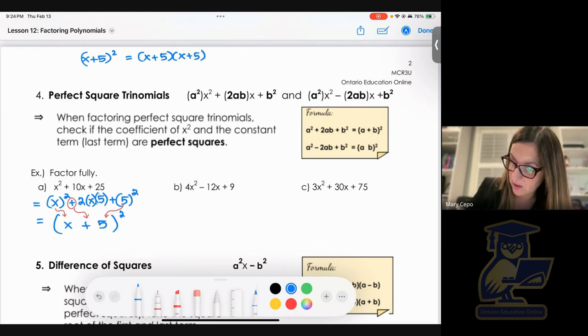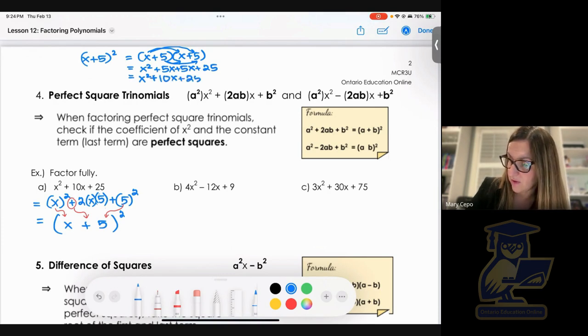If I wanted to expand that, we know using FOIL, first, outside, inside, last, x times x is x squared, plus 5x plus 5x plus 25. So I fully expanded. Bring together my like terms, I would end up with x squared plus 10x plus 25. They are equivalent. One is shown expanded, one is shown as factored.